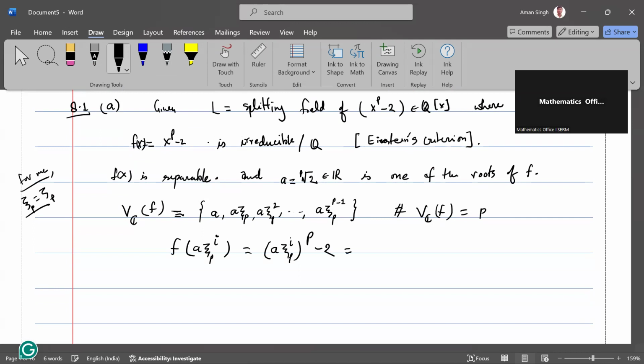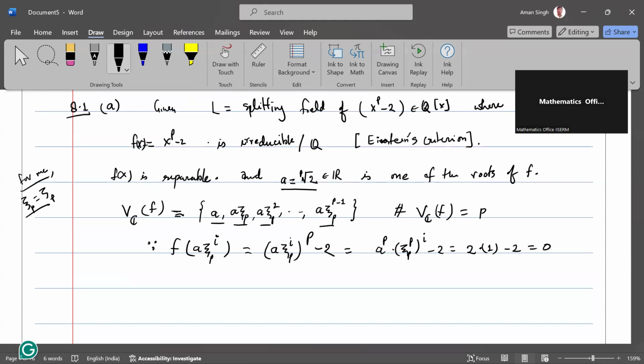This becomes a power p into zeta p to the power ip, minus 2. But a power p is just 2, so it is 2 into zeta p power p, which is 1, and 1 power i is 1. This becomes 0. So all of these are roots of f. No worries for that.